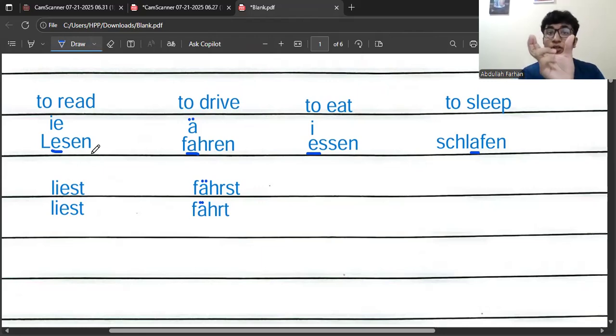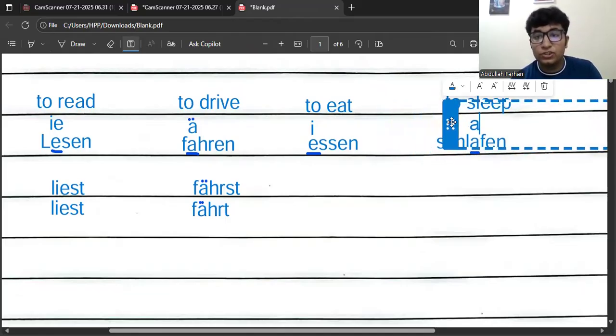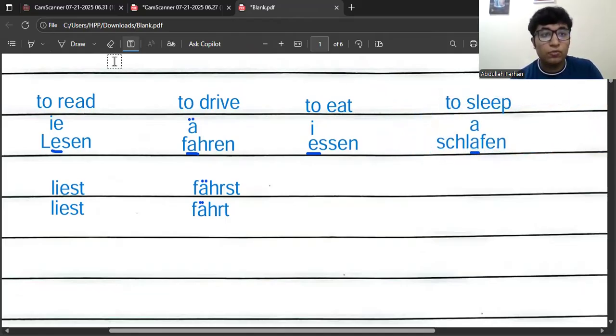It is usually in the main part of the verb that we get a slight change. In schlafen, again, the A becomes an A umlaut.